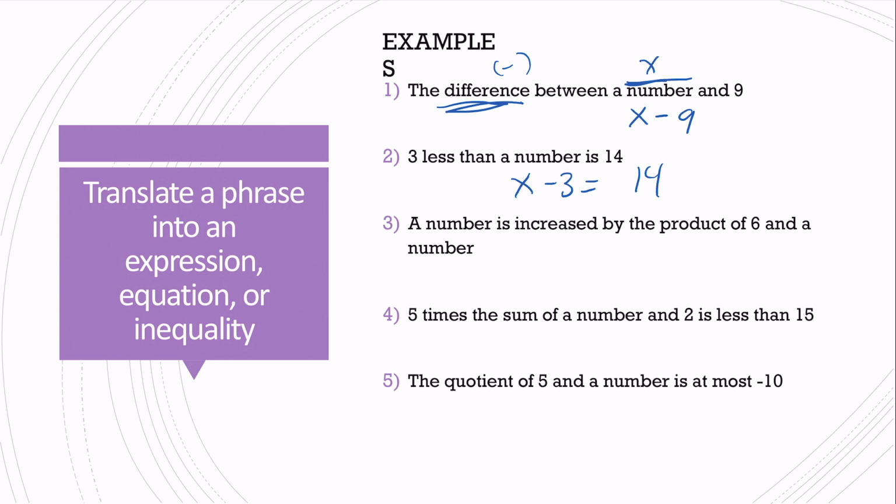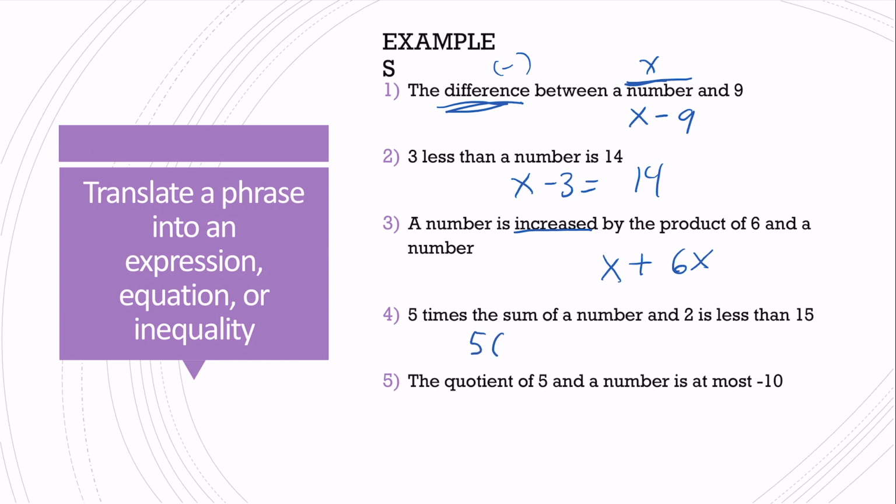A number is increased by the product of 6 and a number. So here I have a number is increased, so added, by the product of 6 and a number. 5 times the sum of a number and 2 is less than 15.